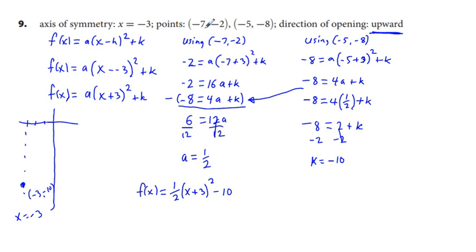We have our other points here at negative 7, comma negative 2. And also at negative 5, comma negative 8. Over here we have negative 7, comma negative 2. So this is what our parabola looks like. Something like this.